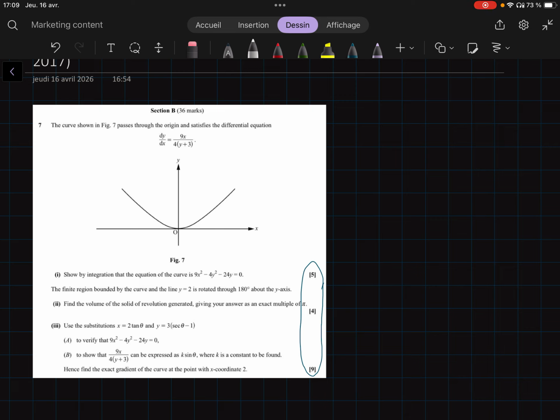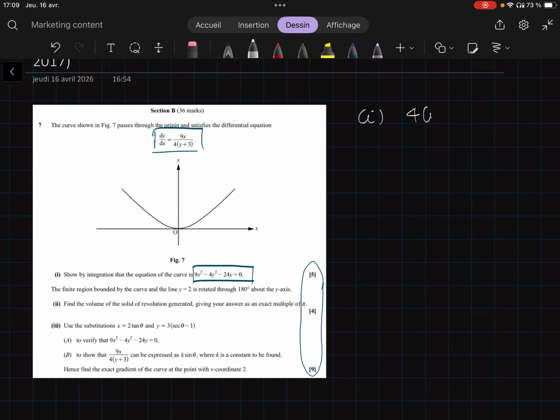So, let's start with part 1. You are asked to show by integration that the equation of the curve is this. Looking at the equation once again, you can already tell that this is going to be a separable equation.